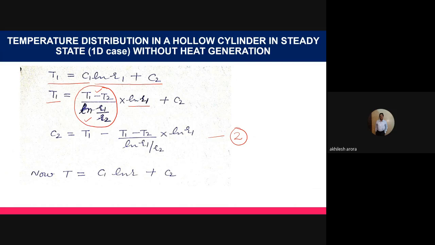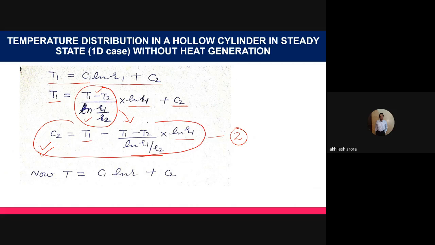So from here we can get the value of C2. C2 will come out as T1 minus T1 minus T2 divided by log of r1 by r2 into log of r1. So this is the value of C2.